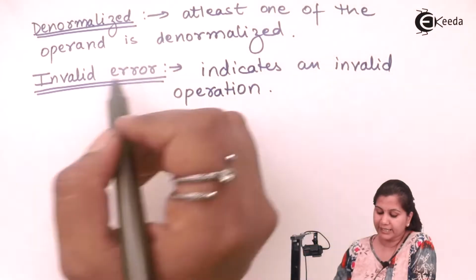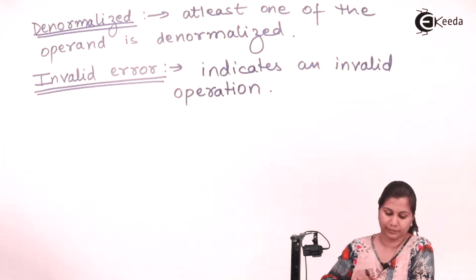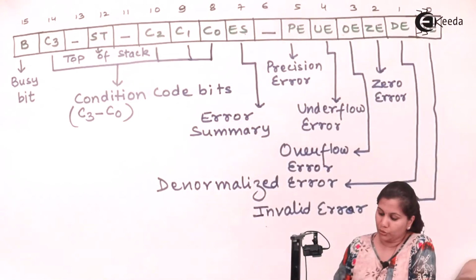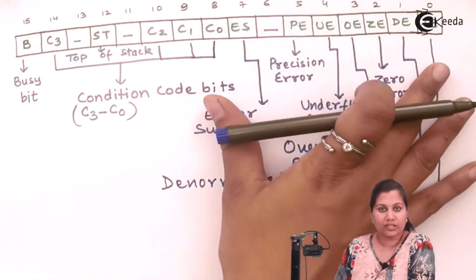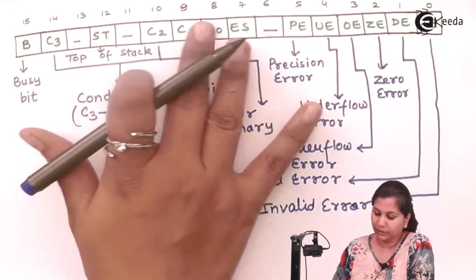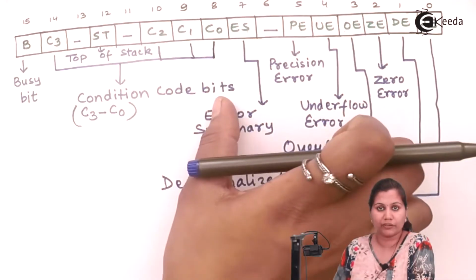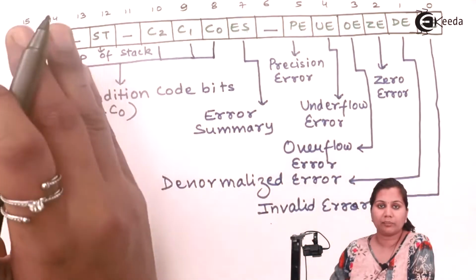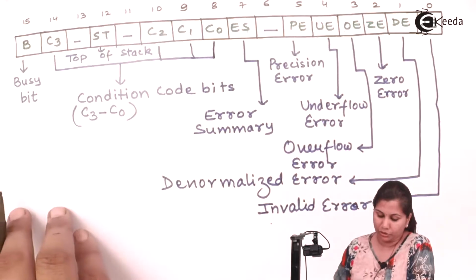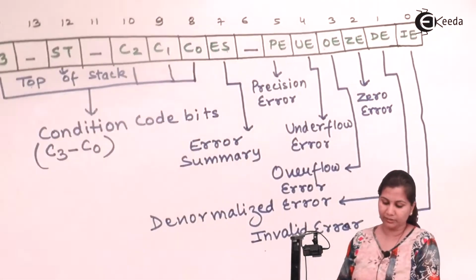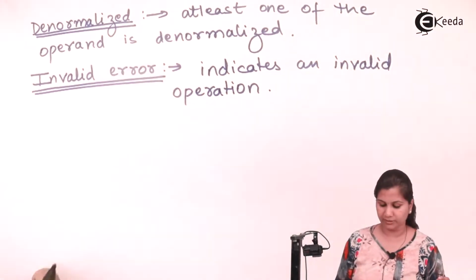So in all these cases, invalid error will occur. So this is the status register. We have studied all the bits, what is the function of these bits and when these bits will be set to 1. So this was the status register or the status word.